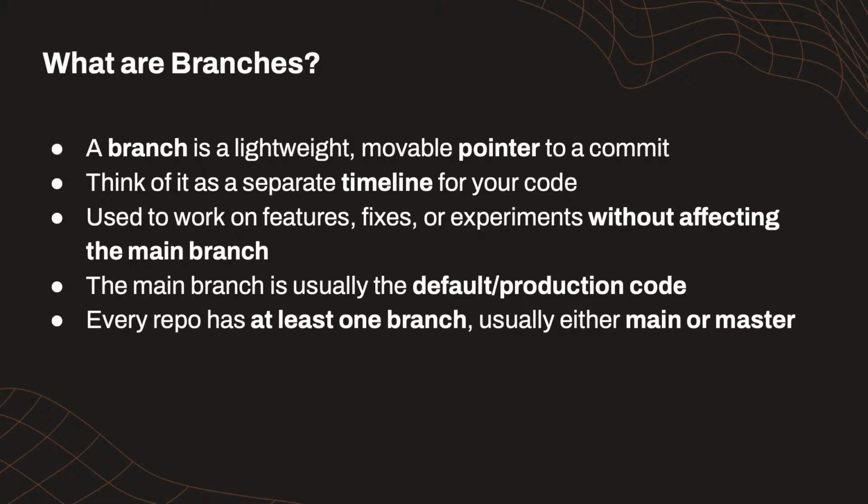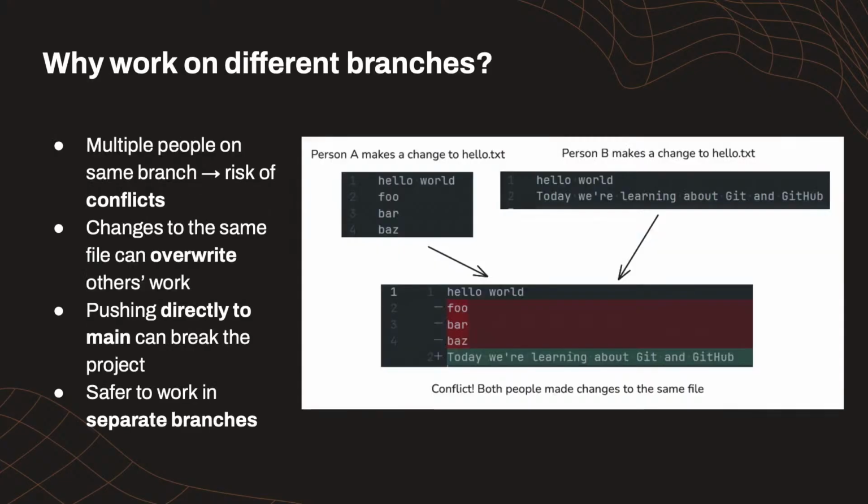Each repo has at least one main branch, and it's usually called main, or previously it used to be called master if you're looking at some old repos. So why work on different branches? Mainly because if multiple people work on the same branch, you risk conflicts.